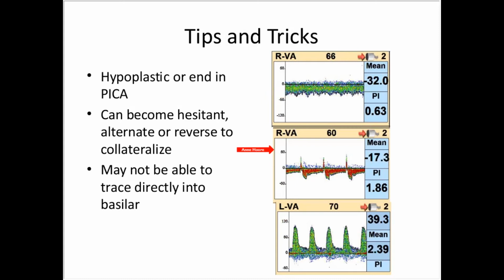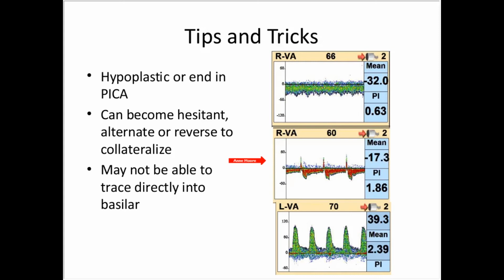Again, there's a higher pressure gradient, so now systole is above baseline. We see these hesitant and alternating signals in what's called an incomplete subclavian steal. We can also see these types of signals in a proximal vertebral stenosis or even a small hypoplastic vessel.